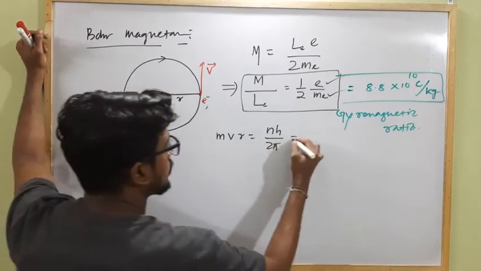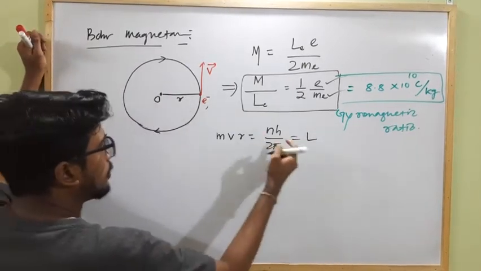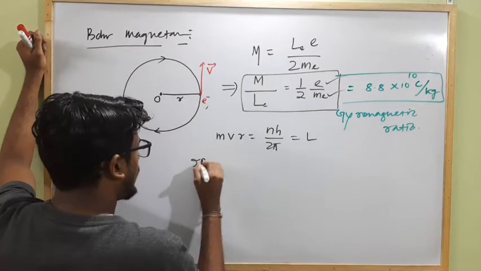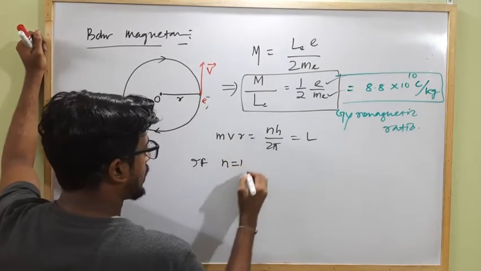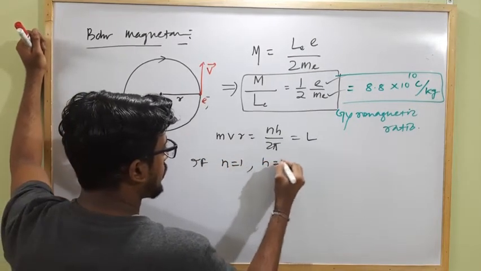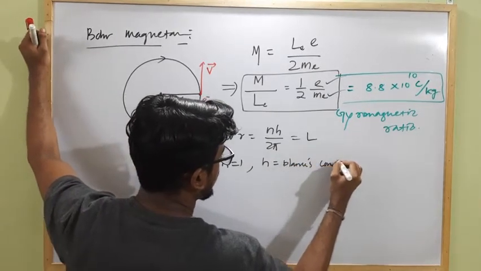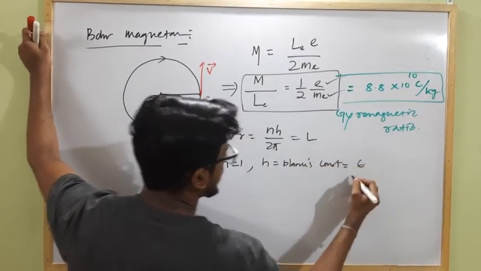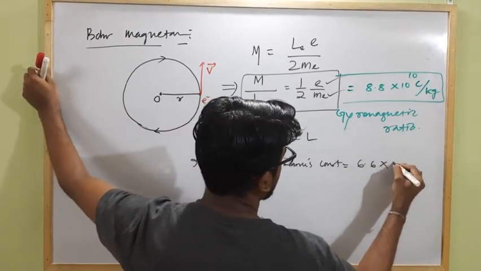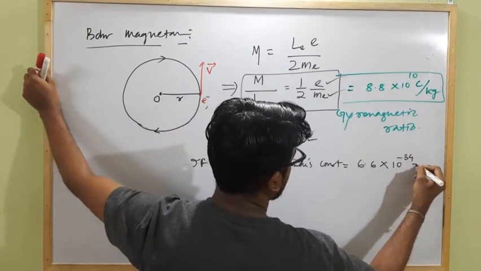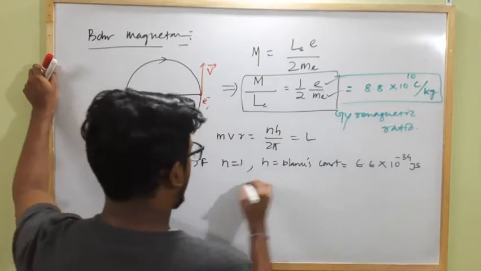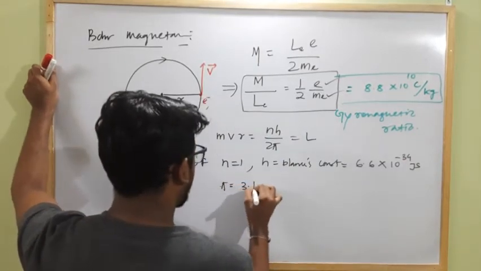Clear? This is equal to L. So from this, if n equal to 1, and h, the value of Planck's constant, is 6.6 into 10 to the power minus 34 joule second, and the value of pi is 3.14.